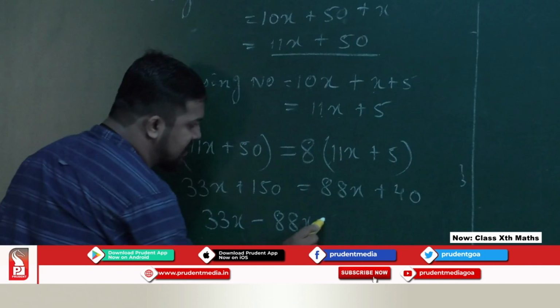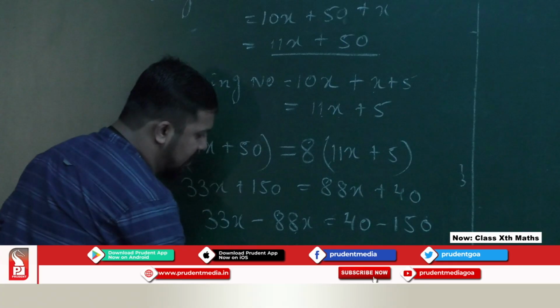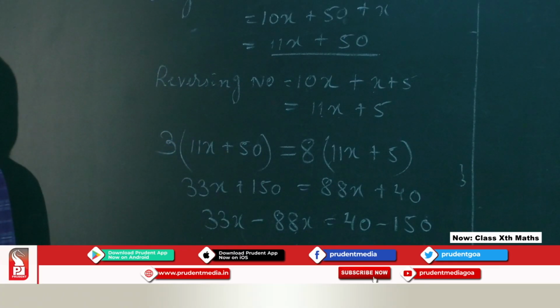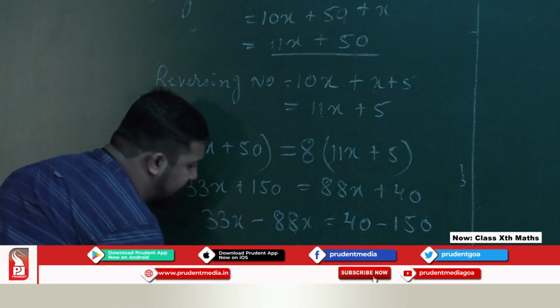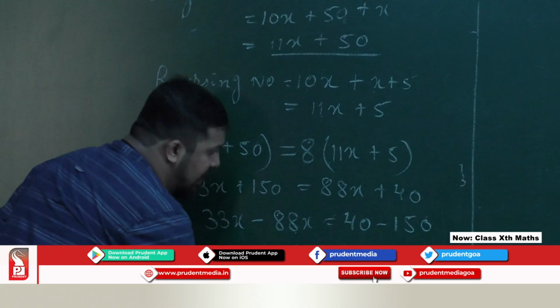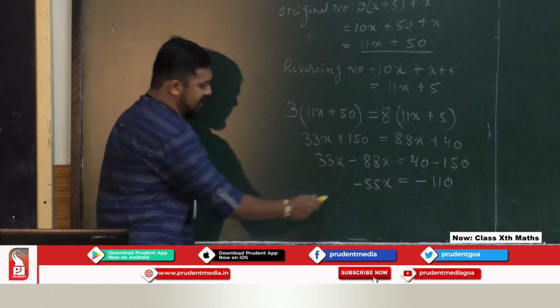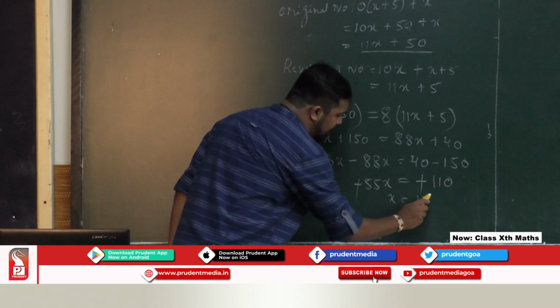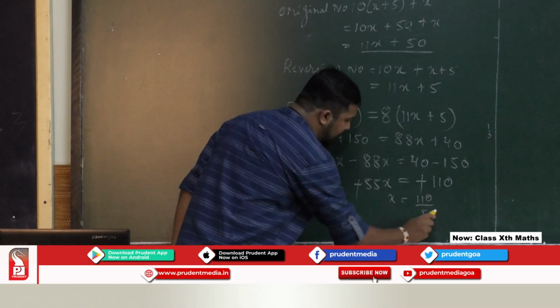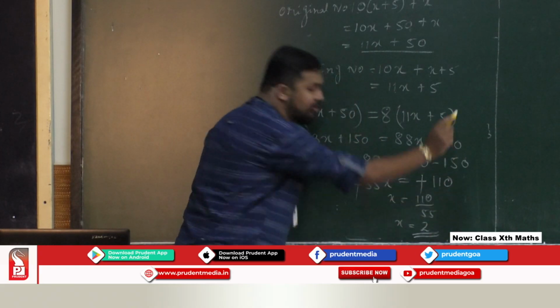So 88x, 40 minus 150. Let us subtract: 88 minus 33 gives minus 55x, and this gives minus 110. Cancel the negative sign. 110 divided by 55 directly gives x equal to 2.